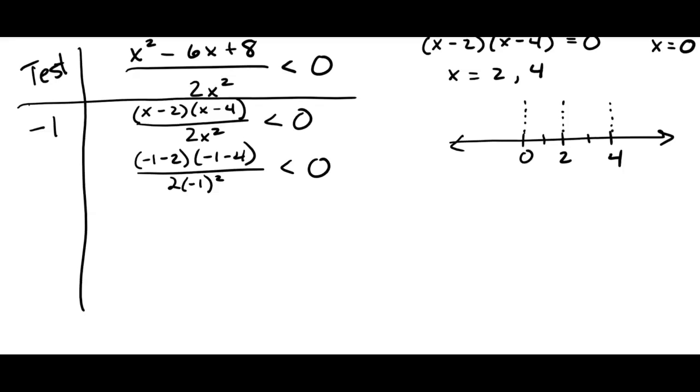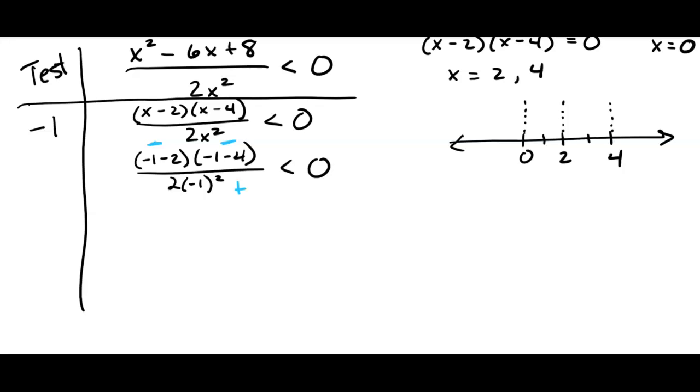Now, I can do the calculation, but what I really want to know is, are things positive or are things negative? So this part here is negative, this part here is negative, and this part down here is positive, right? Because when you square a negative, that's going to be positive. So I get a negative, negative, positive. So it's going to be positive over positive, which is positive.